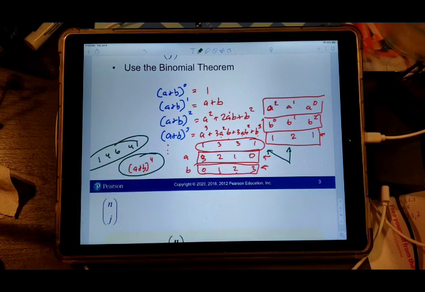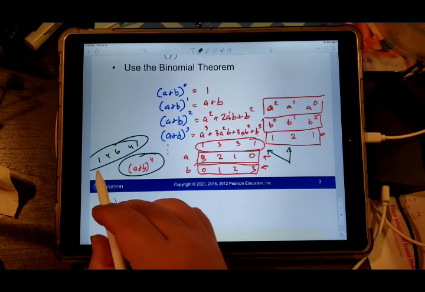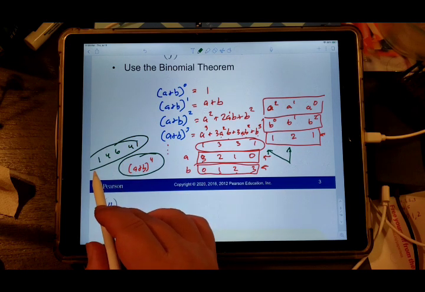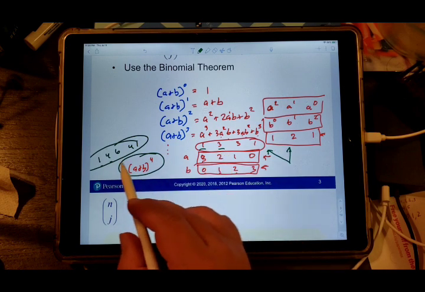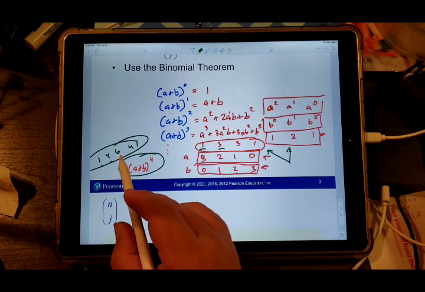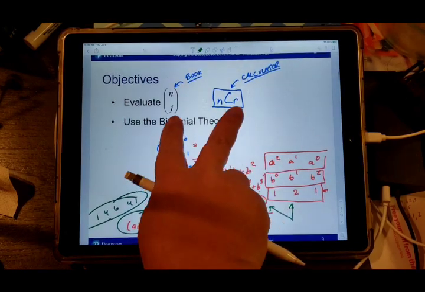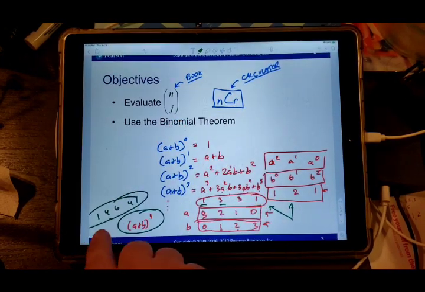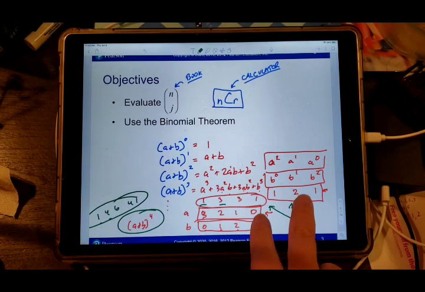And we're going to find out where that comes from in a moment. You might have predicted the 1, and you might have predicted the 4, but the 6, well, it turns out it's this nCr that tells us what goes up here.